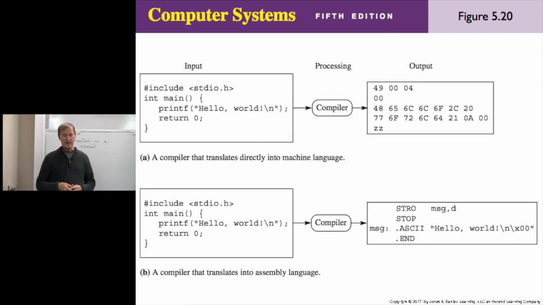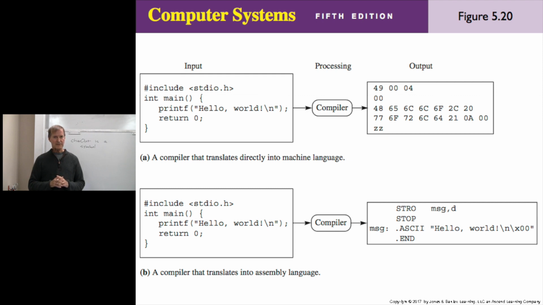All right. Here in figure 5.20 is a graphical depiction of exactly what the compiler does. Remember we had two kinds of compilers. A compiler that translates directly into machine language would take that C program, int main printf hello world return 0, and the processing would be the compiler.